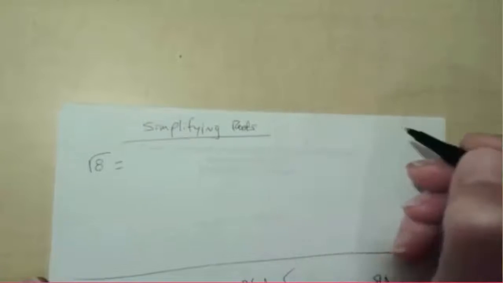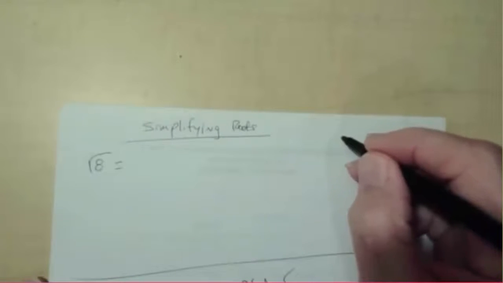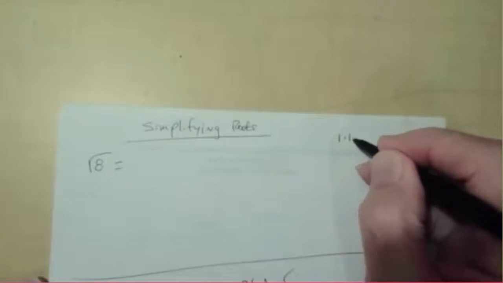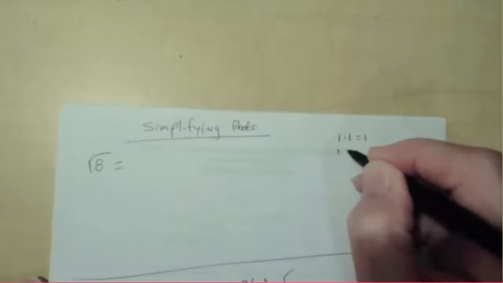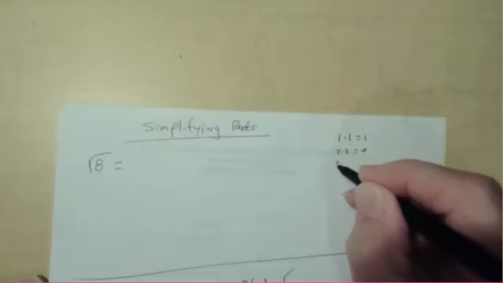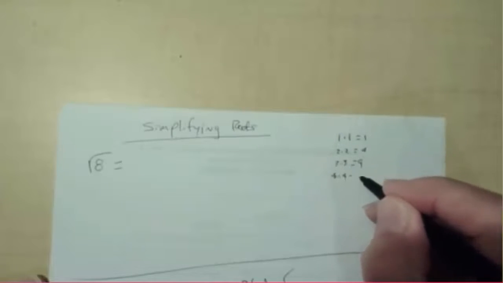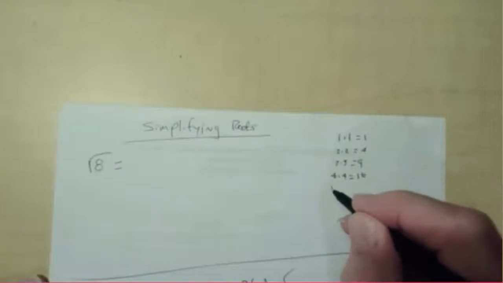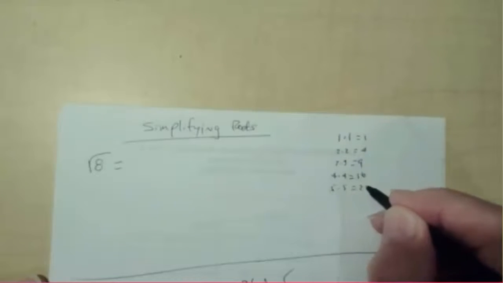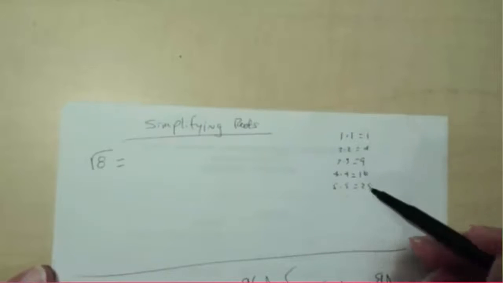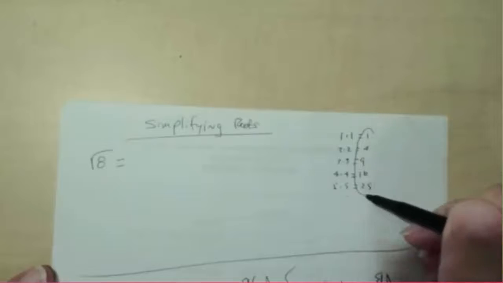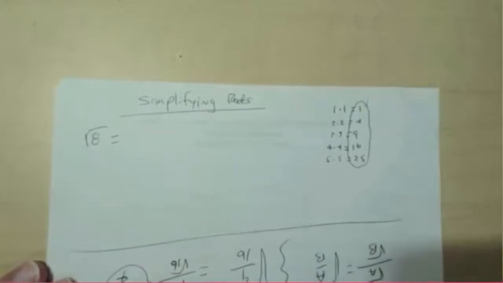Now the perfect squares are, let's see, 1 times 1 is 1, 2 times 2 is 4, 3 times 3 is 9, 4 times 4 is 16, 5 times 5 is 25, and so on. These are perfect squares. I think I sent you a sheet on these with all the squares and the cubes.